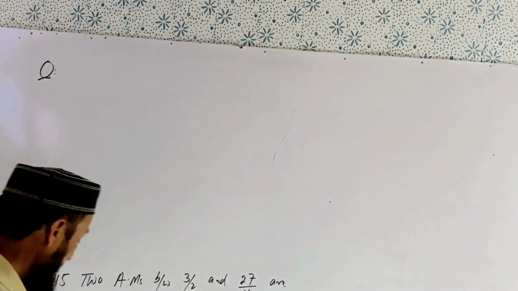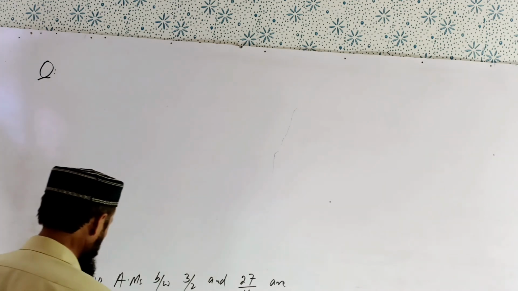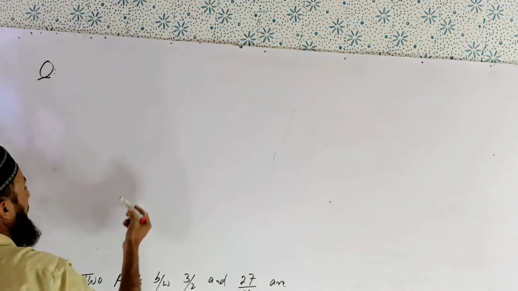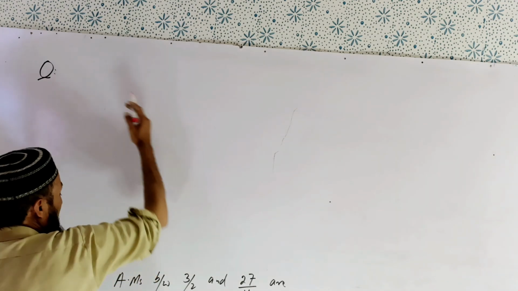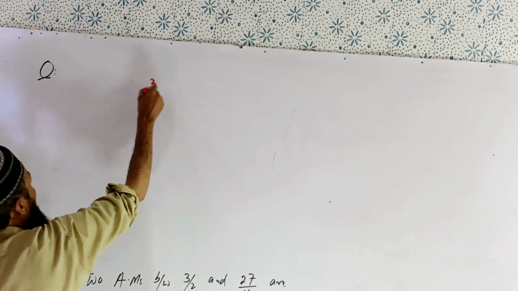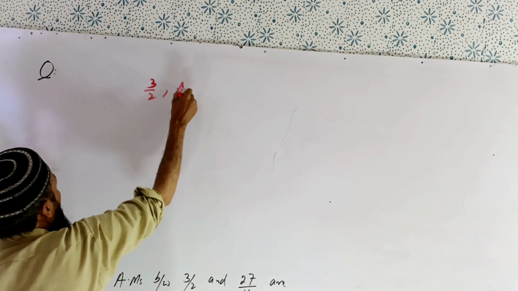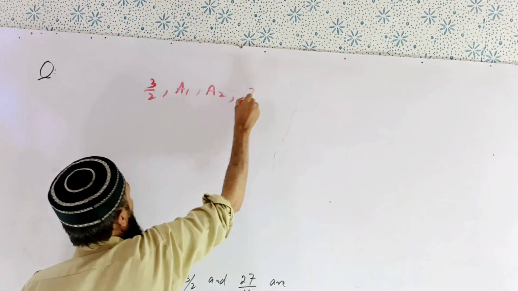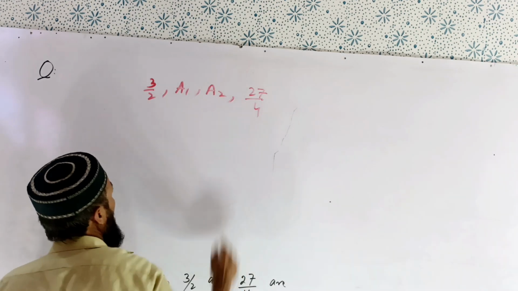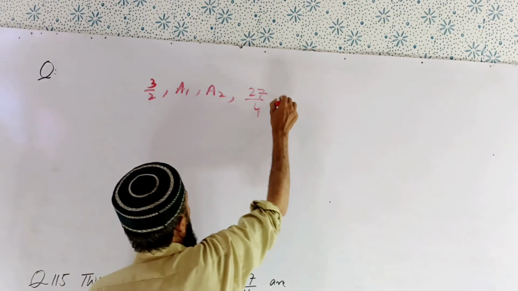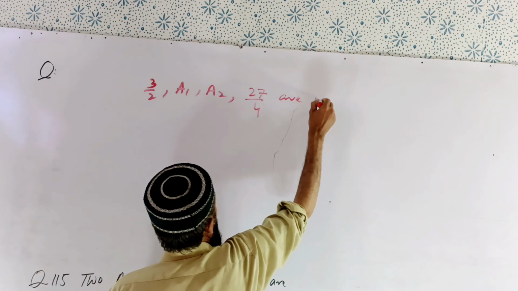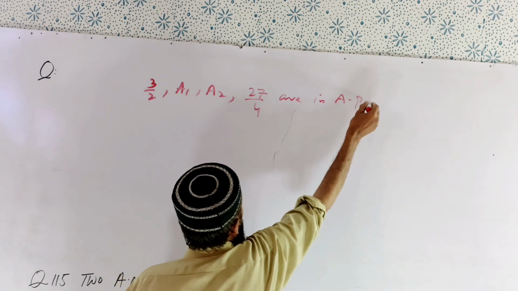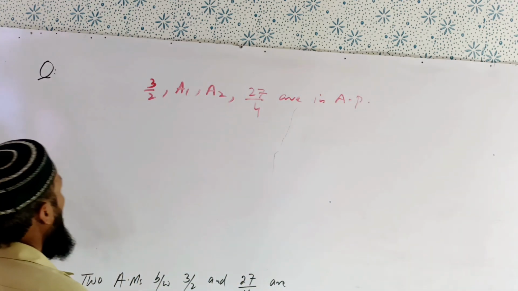Next, what is the arithmetic mean between two numbers? First of all we write the numbers: 3 divided by 2, and a1, a2 are 2 arithmetic means, and 27 divided by 4, are in arithmetic progression. So first of all, how many values?